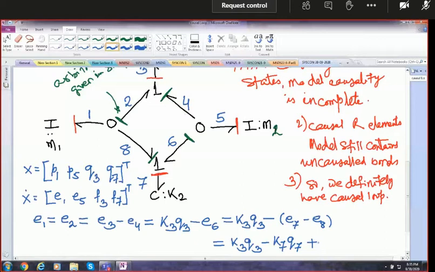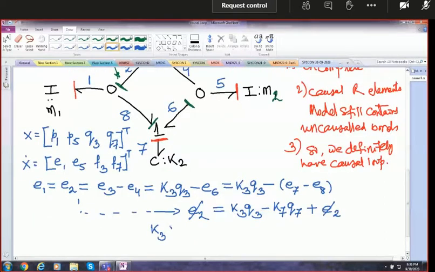E2 is equal to this. Now E2 cancels. E2 has got cancelled. So what we got is K3Q3 minus K7Q7 is equal to 0, which is a hidden constraint. That is, the force in spring 1 and the force in spring 2 are equal. That's what we got. So this is a hidden constraint. We didn't know about it.